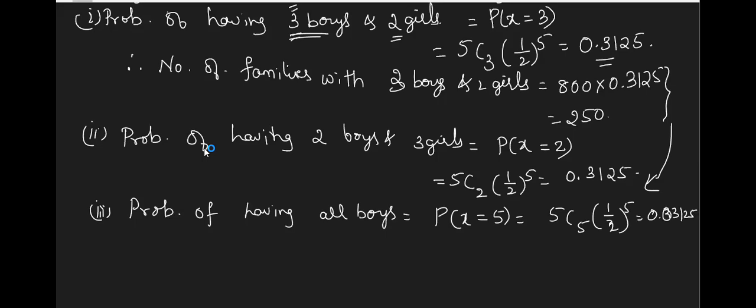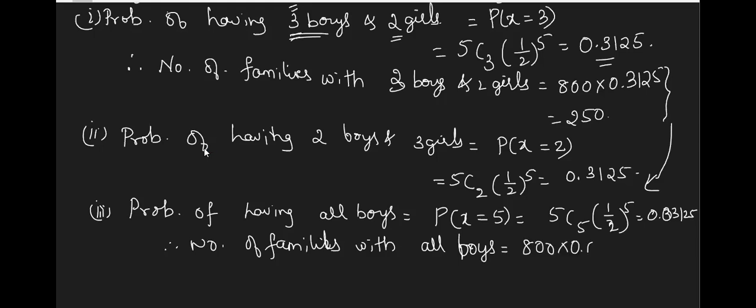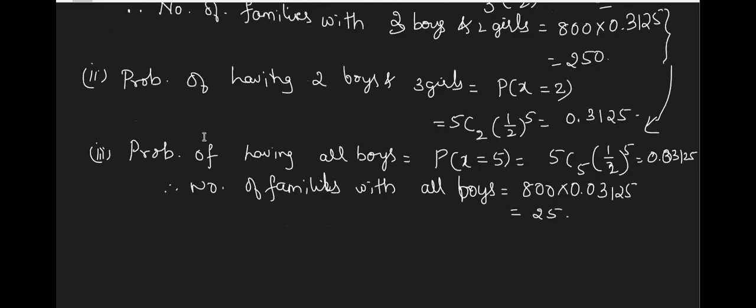Therefore, the number of families with all boys is equal to 800 into this quantity. What is this? 25. So there are only 25 out of 800 families where all of the children are boys.